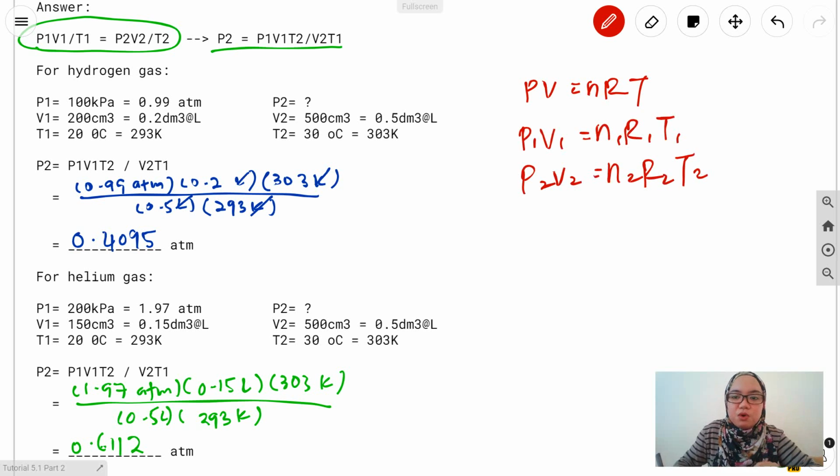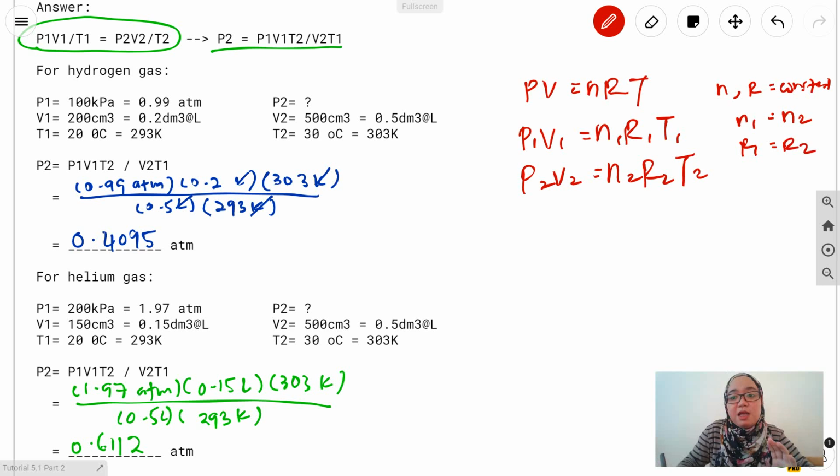You need to know that even at different conditions, N and R will be constant. That means N1 equals N2, and R1 equals R2. You can use this equation also.